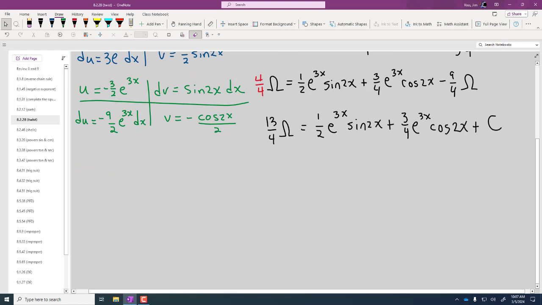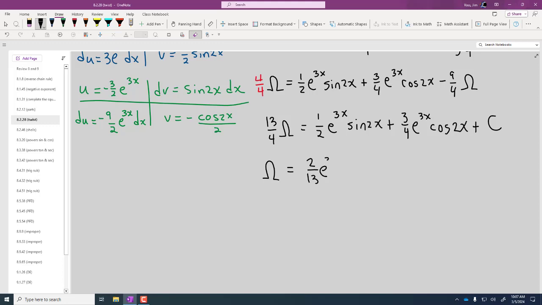And then our final step, our goal was to figure out what that integral was, and the integral is represented by our omega. So we multiply both sides by the reciprocal, 4/13, the reciprocal of the left side, so 4/13 is coming over. We're going to end up with 2/13 e to the 3x times sine.